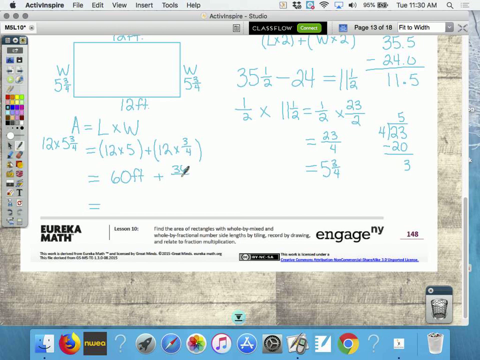So 36/4. So what do I have to do now? I'll better pull a stick, huh? Cheney, what do I do now? Long division. What's my long division problem? Oh, I think I can do that in my head. Yeah. What is it? 9. So this is 60 feet plus 9 feet equals 69. 69 feet squared.